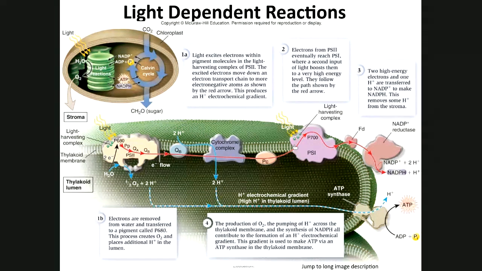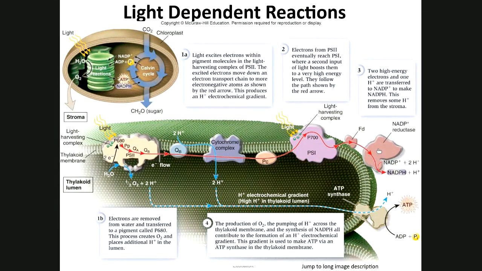But now we have photosystem 1, and photosystem 1 also has chlorophyll pigments, at P700. And once the light hits it, the electrons arriving here get energized again. And so now the electrons get moved over to NADP reductase, to this enzyme.